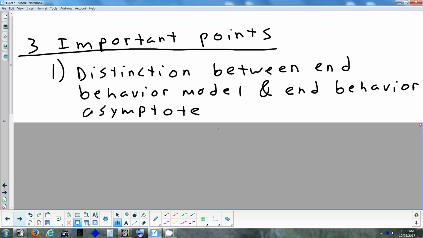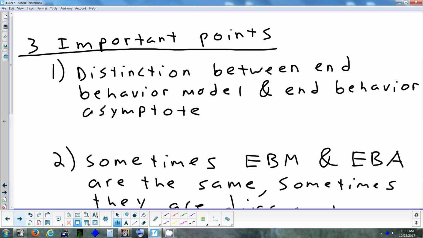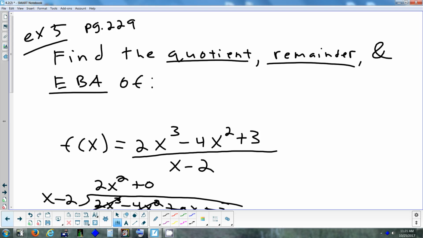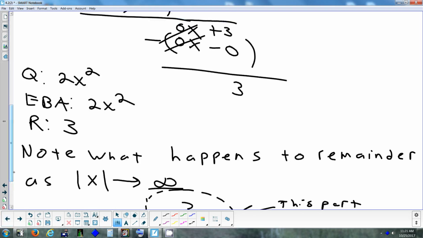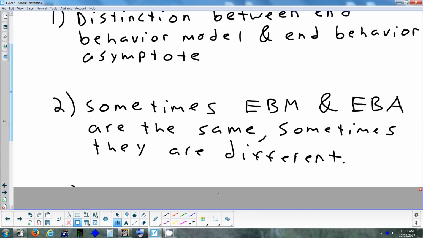There is no such thing. So sometimes the EBM and EBA are the same. Like if we went back to this last problem and I asked you to find the EBM, it would be 2x cubed divided by x, which is the same as the EBA in this case. But sometimes the EBA and EBM are different. Sometimes they're the same. It kind of depends on the problem.